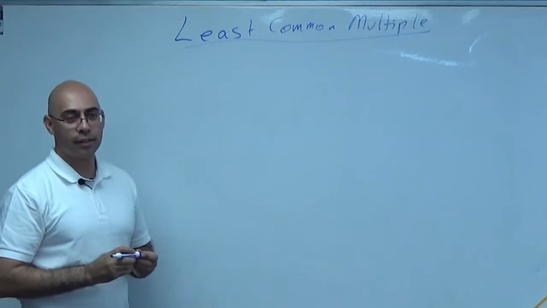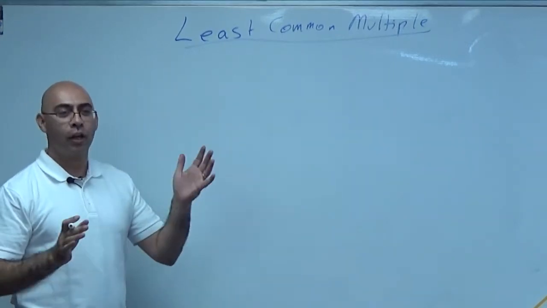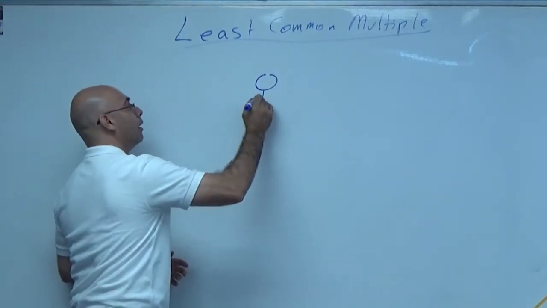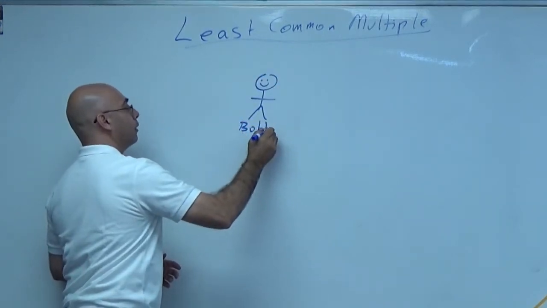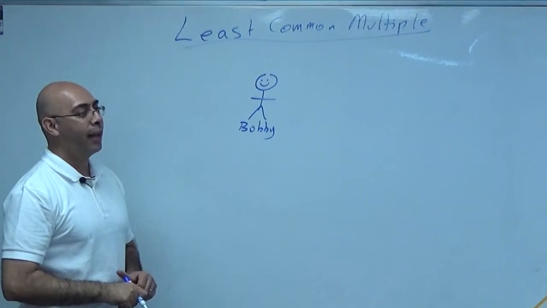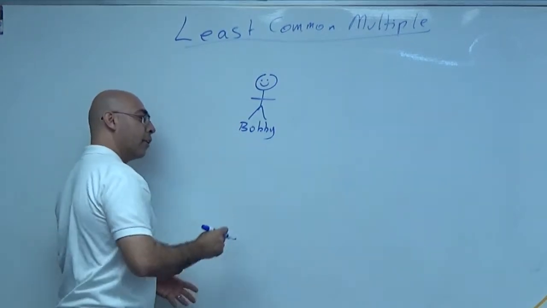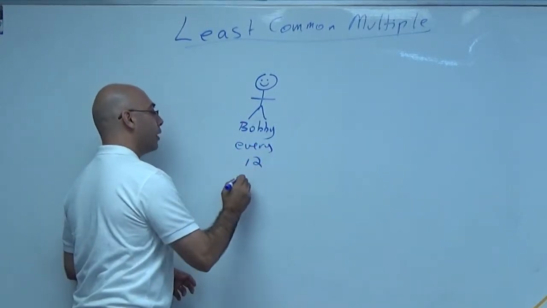Here's an example of when you could use least common multiples. You're all in junior high, so you all like love stories. So imagine you've got Bobby TrueBlue. Very nice guy. Say he's a delivery man, and he makes deliveries at a certain spot every 12 days.